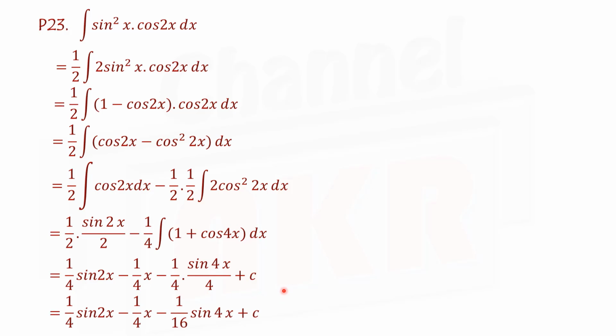So final answer is 1 by 4 sin 2x minus 1 by 4x minus 1 by 16 sin 4x plus c. Right, we got the answer. So sometimes you have to face some critical or large quantity to maintain. Okay, and using the formula of trigonometry we can gradually solve the problem.